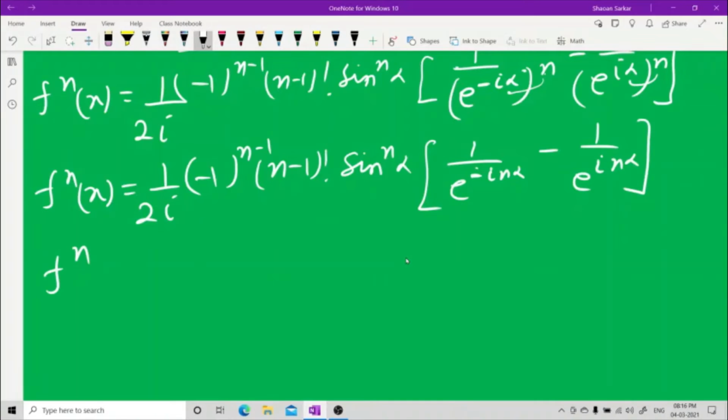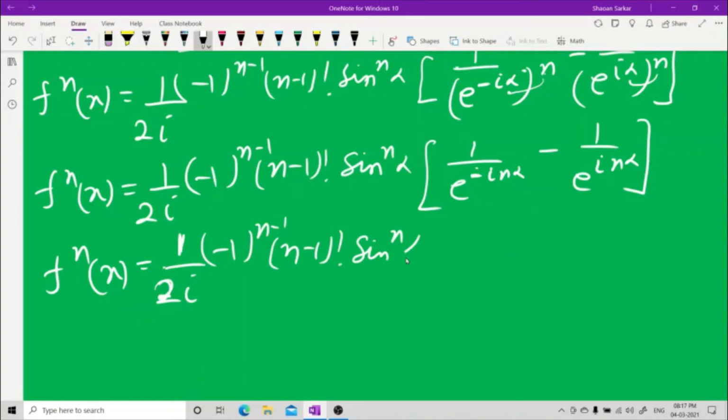Now f^n(x) would be 1 by 2i, (-1)^(n-1) (n-1)! sin^n alpha. This will go on the top, e^(i n alpha) minus e^(-i n alpha), again by Euler's form.